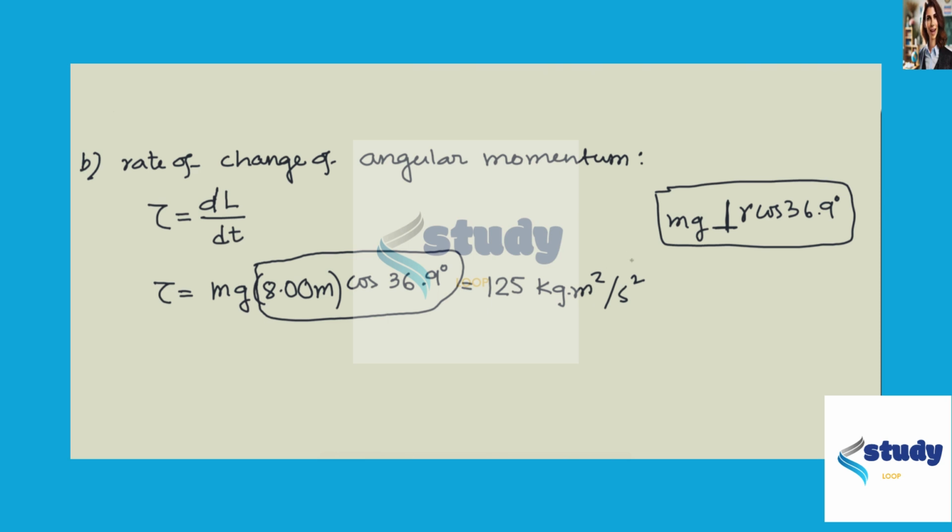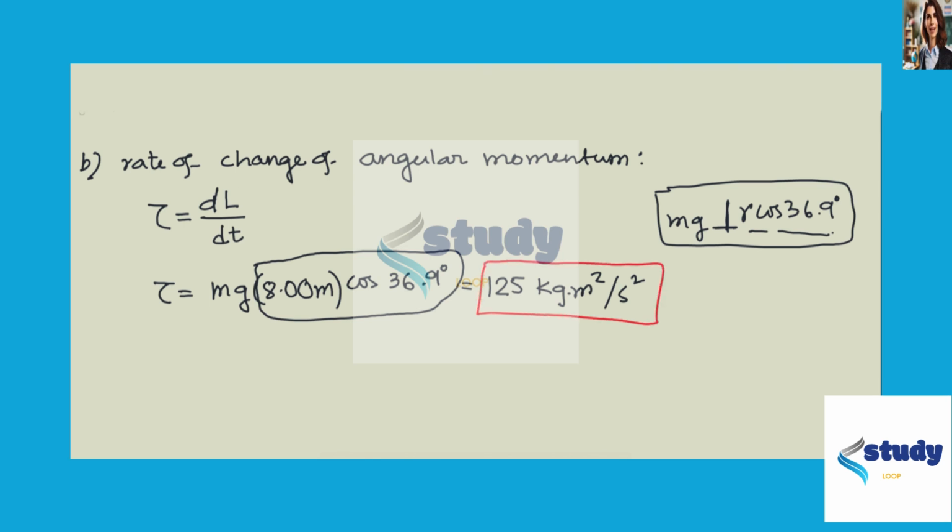And the reason we're taking this is because the only force acting on the rock is the weight. So that's why we're taking the force component, and then we're taking the perpendicular radial vector from the force component. And that's how we figured out r cosine 36.9. From there we see torque is 125 kg meter square per second squared.